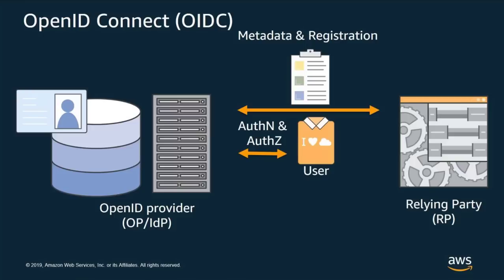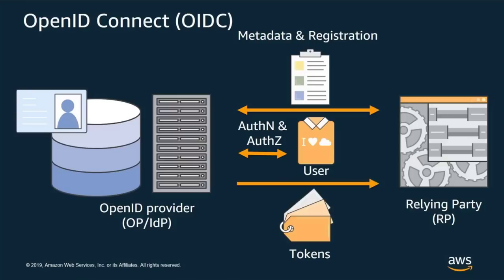And the identity provider is also going to ask the user basic questions. Let's say, the relying party here on the right wants to use your data XYZ. Do you authorize them to do so? Assuming you do, and your authentication was completed successfully, the OpenID provider returns back to that relying party a set of tokens, right? And again, we talked about it a second ago, normally ID, access, and refresh tokens.